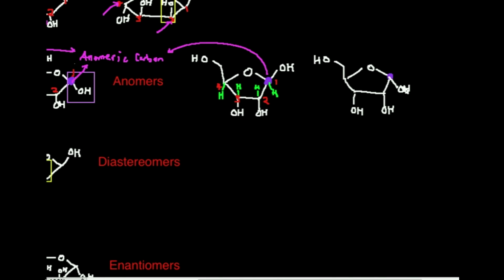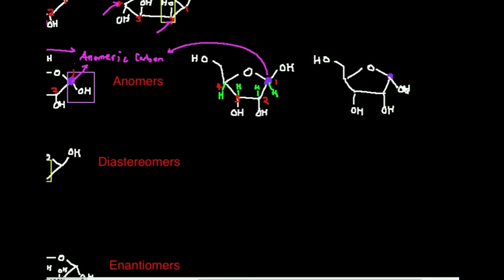If you're wondering why this gets the 1 position, the reason is that if you think back to your DNA and RNA material, in ribose, remember, 1', 2', 3', 4', and so forth. That's why it gets those names. But you don't actually have to look at it that way.